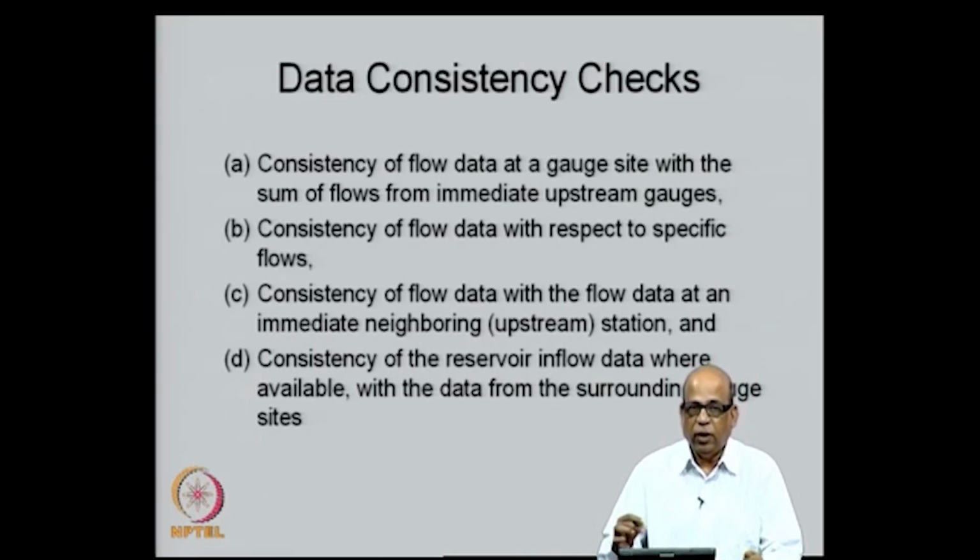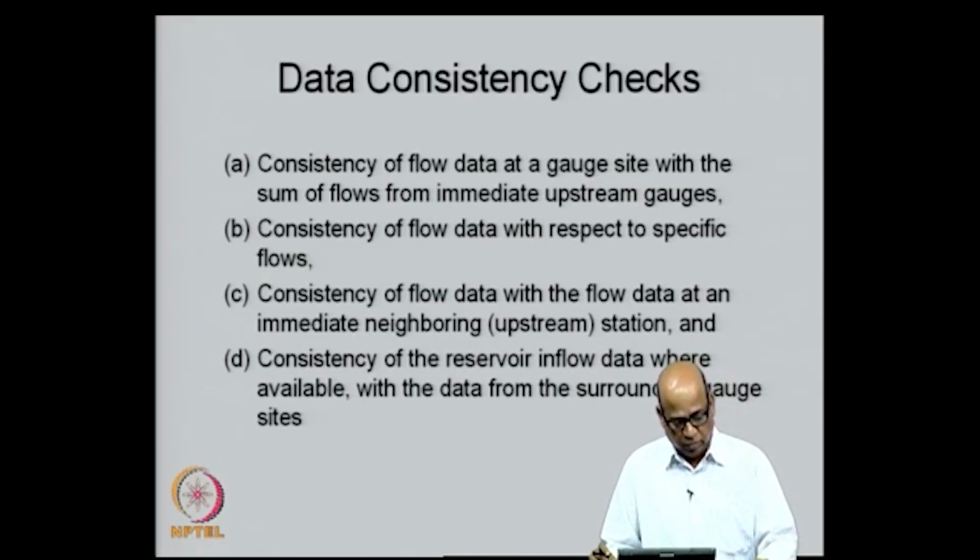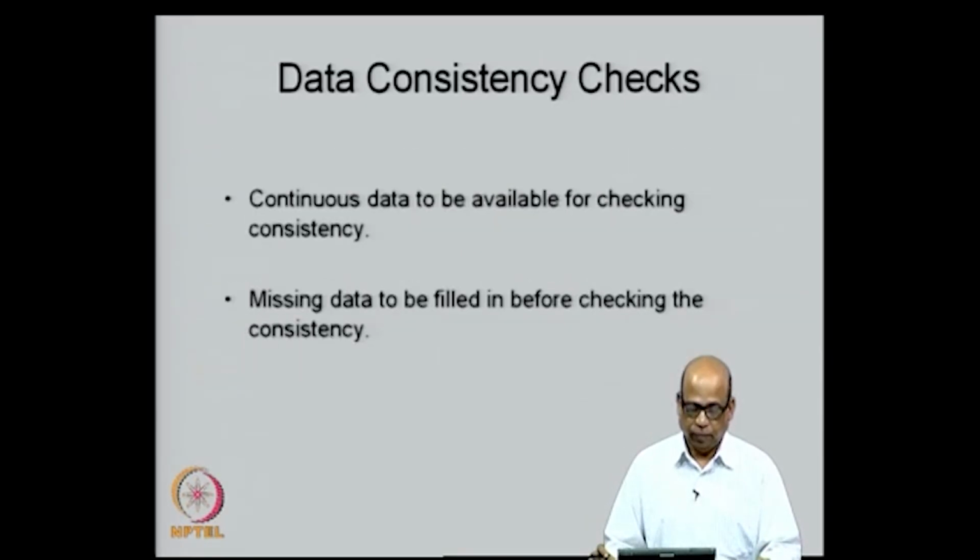Now, the filling of the data is not very rigorous, it does not include very rigorous mathematical procedures, but it includes certain rather empirical procedures which use judgment and which will make use of the fact that the data must be consistent with the other data in the time series. So, we will just look at some simple methods by which we fill the data now.